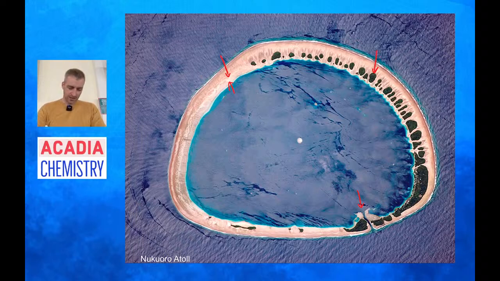It seems like it'd be a neat place to go swimming in the inner part or kayaking or something along those lines. But anyway, as you can guess, the highest point on this atoll is not that much above sea level. And this type of place would be extremely prone to even minimal sea level rise.